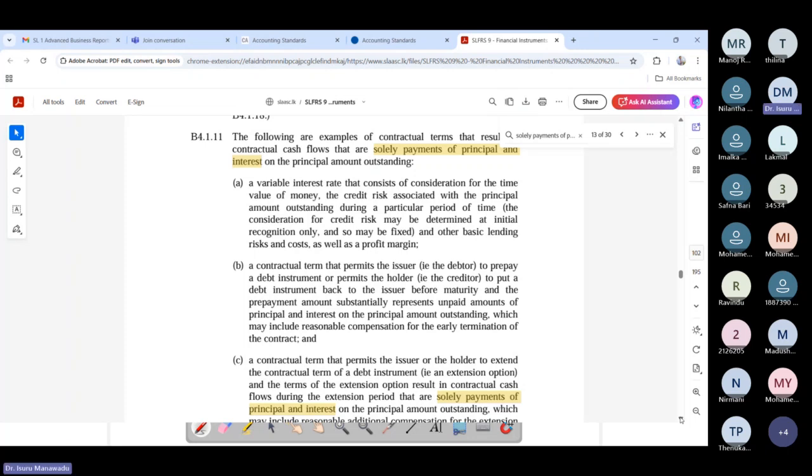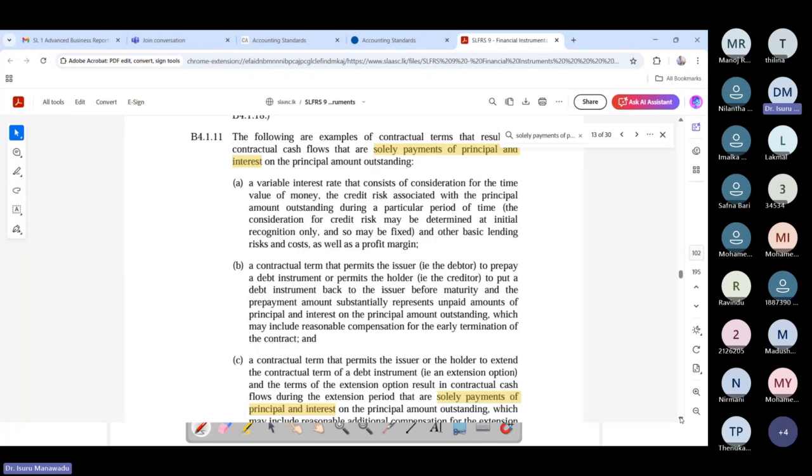In variable interest, the interest can vary as per the conditions. Why do we calculate interest? Because there is a time value of money. That's the base. And there are credit risks and so on.